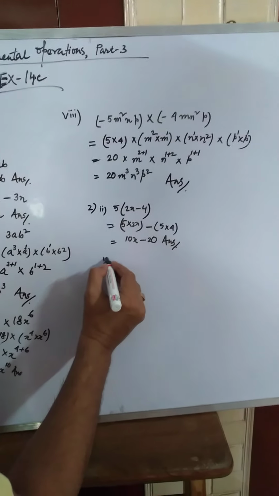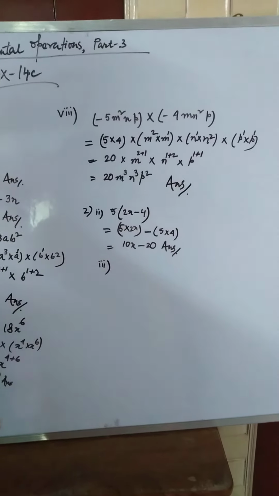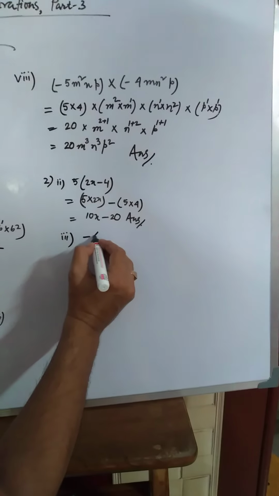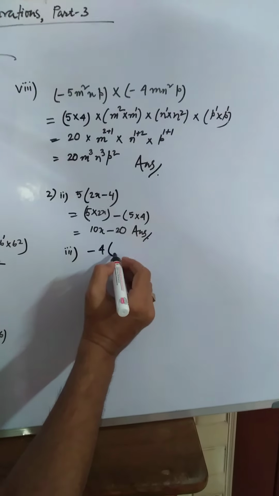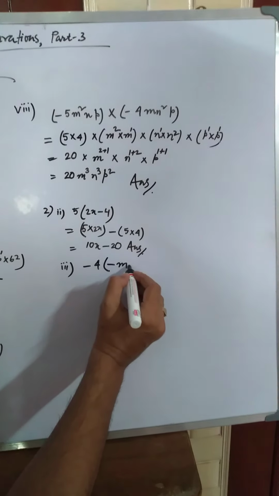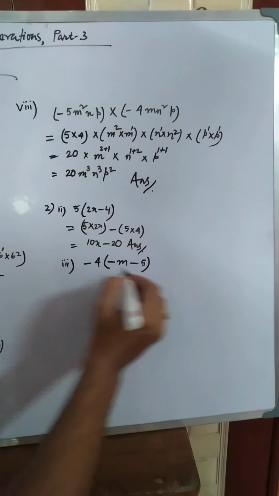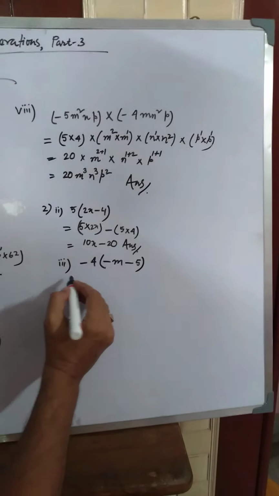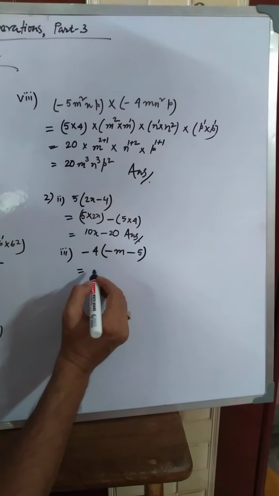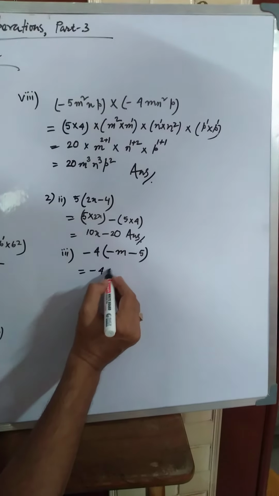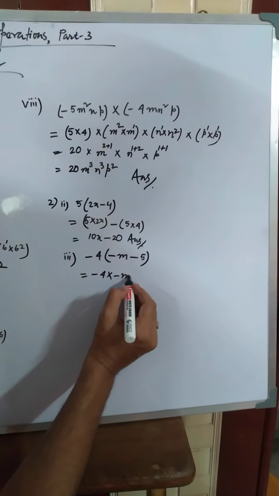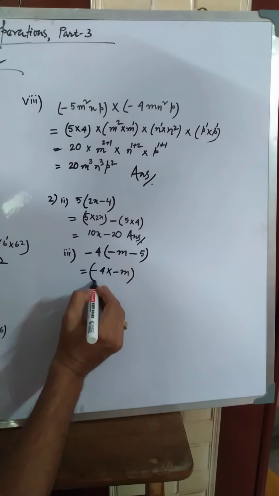Come to the Roman 3. Minus 4 within bracket minus m minus 5. Okay. So here you have to multiply minus 4 with minus m. Give a bracket.